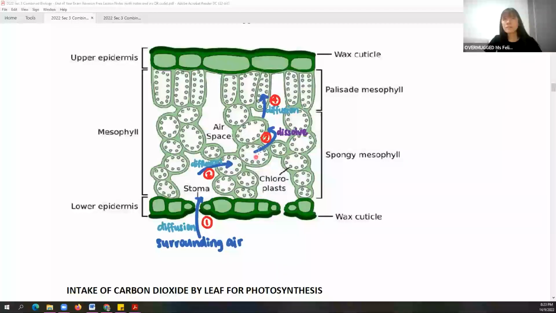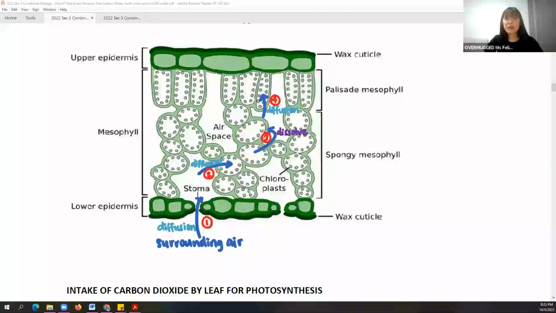Then, because the spongy mesophyll has a thin film of moisture, the carbon dioxide will dissolve in the thin film of moisture, then diffuse into the palisade mesophyll. So mainly it is diffusion plus dissolving.